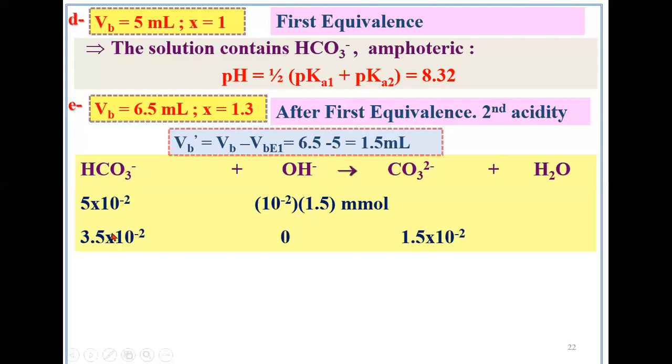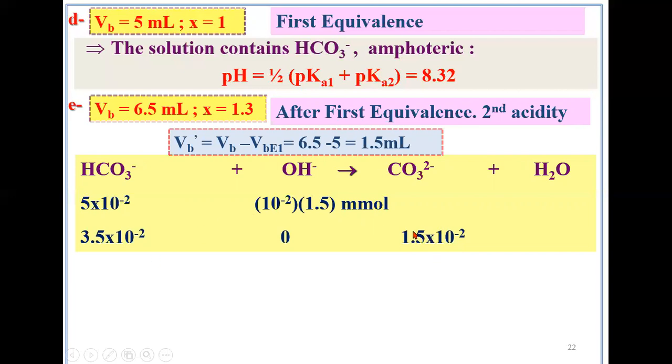Therefore what's left is this CaVa minus the limited OH millimoles, which happens to be 1.5 times 10 to the minus 2. And of course the carbonate that's produced is simply CbVb prime, which is the amount of OH minus reacted or produced carbonate, A2 minus.